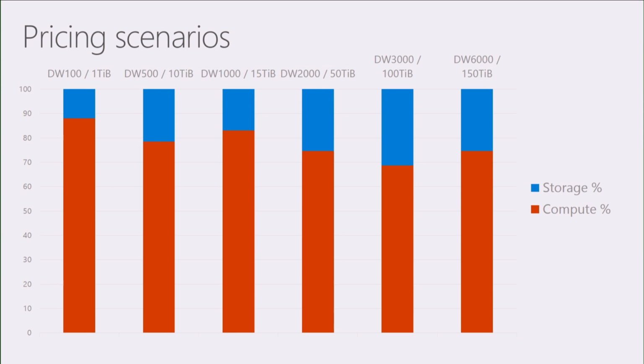The other way of thinking about it is to flip them and talk about it in terms of an 80-20 rule or a 70-30 rule, as you can see. But the basic rule here is to focus on how you're using your compute rather than necessarily how you use your storage. Even though we talk about the high watermark on the storage, keep in mind that the thing that drives your consumption tends to be the compute.